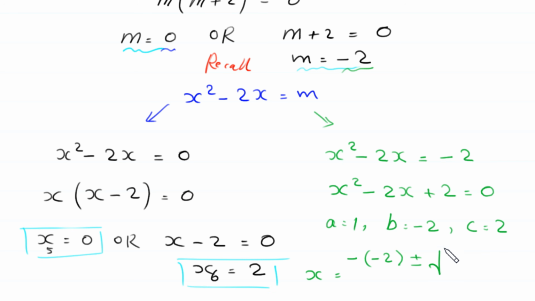minus square root of, in place of b squared we write negative 2 squared minus 4 times, in place of a we write 1 times, in place of c we write 2, divided by 2 times, in place of a we write 1.